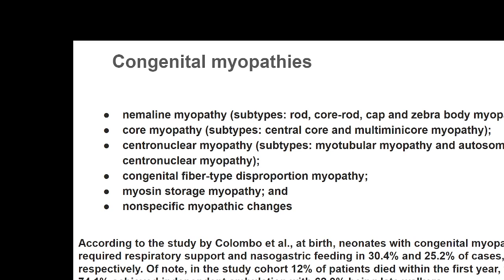According to the study by Colombo, at birth, neonates with congenital myopathy require respiratory support and nasogastric feeding in 30.4% of the patients. Newborns with myopathy, at the time of birth, may require nasogastric feeding or respiratory support, which is a totally different issue of dealing with pediatric conditions and assessing at the time of birth. Then, 12% of the patients died within the first year, whereas 74.1% achieved independent ambulation, they could walk, and 62.9% of patients are considered late walkers.